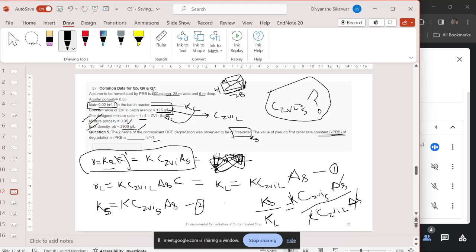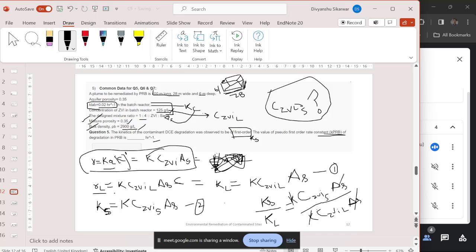So this is the reaction for first order rate constant. So K value we can also write as K times concentration of ZVI present and cross section area. We can write this expansion of the equation for both lab as well as real soil conditions.